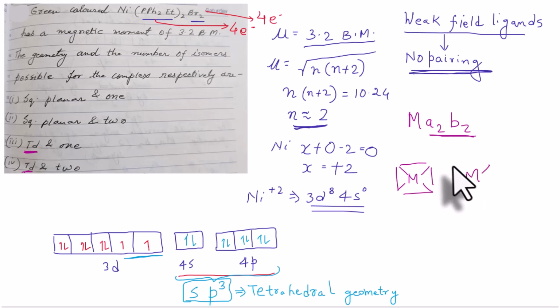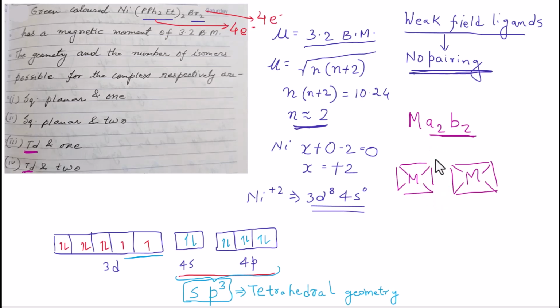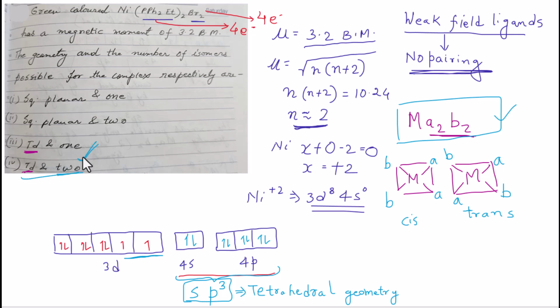For Ma2B2 type of complexes, in one arrangement we place the similar ligands on one side, which forms the cis isomer, and in the other the similar ligands are on opposite sides, which forms the trans isomer. So cis and trans. So two types of isomers are possible for this kind of Ma2B2 type of complexes. Okay, so the second part of the answer will be not 1 but 2. So finally the fourth option will be the correct answer.